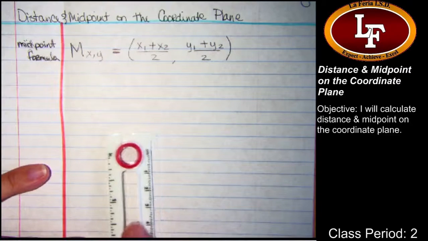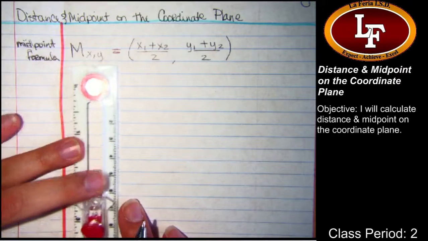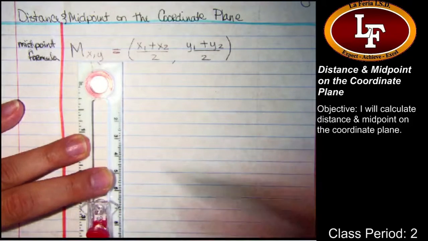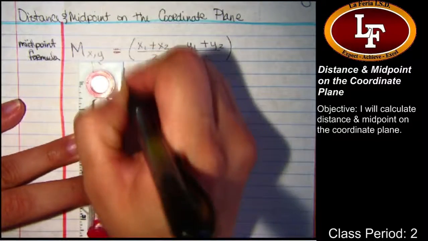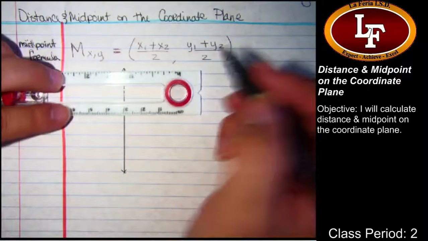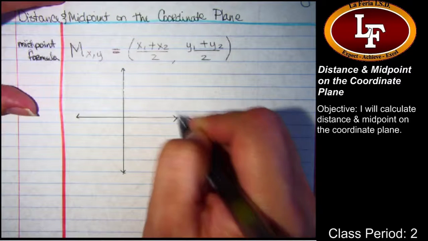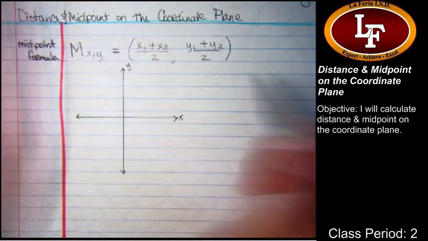It's all right. All right, so I'm going to draw a little coordinate plane over here. Try not to make it too big and overwhelming, so we have plenty of room. And again, it doesn't have to be perfect or exact. I just want all my lines to be nice and straight.